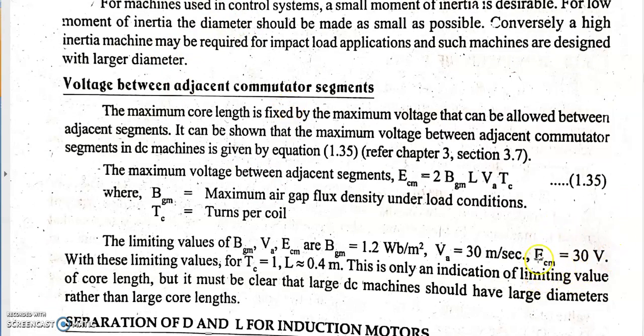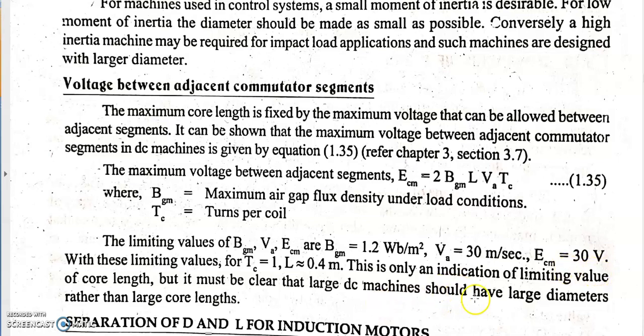Actually, this is the voltage between adjacent commutator segments, because the commutator is the limitation in a DC machine for a voltage rating. If the voltage between adjacent commutator segments exceeds this particular value, the spark level in the DC machine may exceed, and at one stage the spark will become cumulative and it will entirely damage the commutator of the machine.